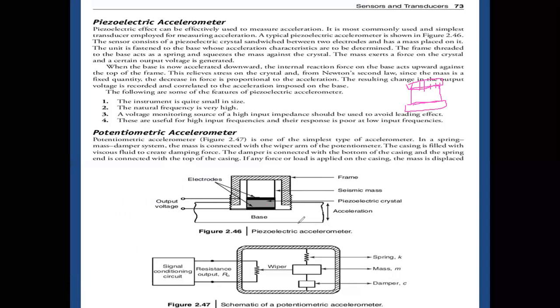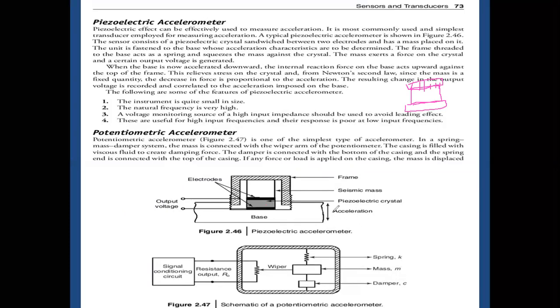Now, when the base is accelerated downwards, we consider some case studies. When the base is accelerated in the vertical direction, upwards or downwards, if it moves downwards, the internal reaction force on the base acts upward against the top of the frame.